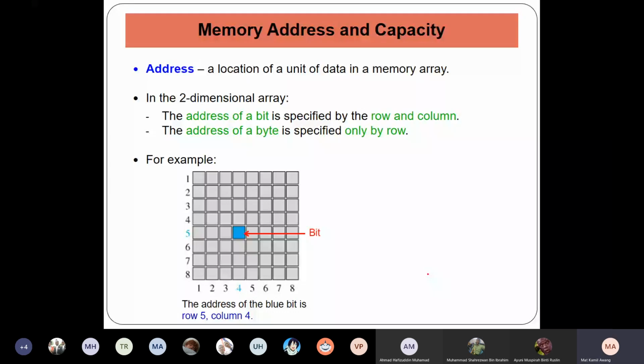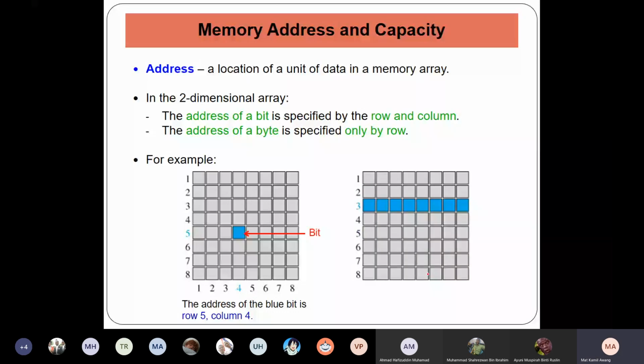So that is the address, 5, 4. And the blue row in that diagram on the right is a byte, and that is located in row 3. So there's 1 byte. The address is row 3.